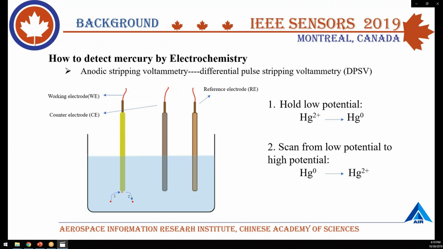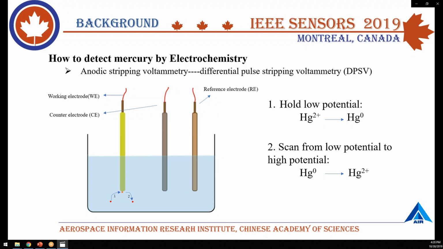As shown in the left image, this method mainly contains 2 processes. First, when the working electrode holds low potential for some time, the bivalent mercury will be reduced to 0-valent mercury on the surface of the working electrode.